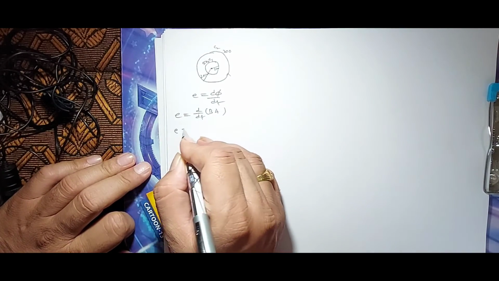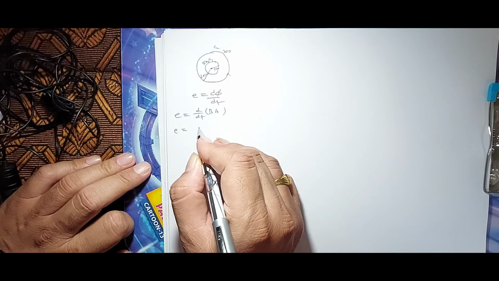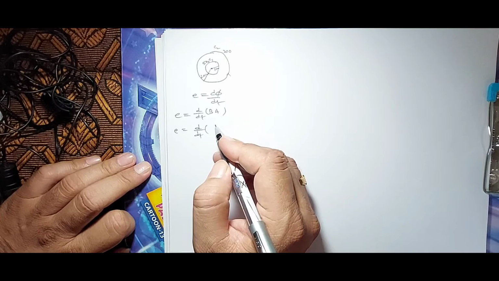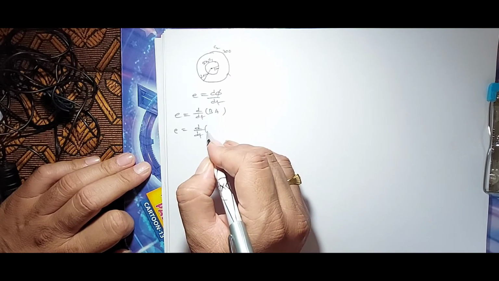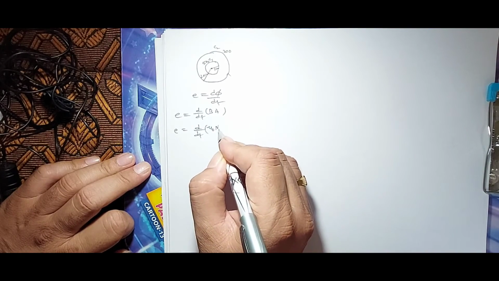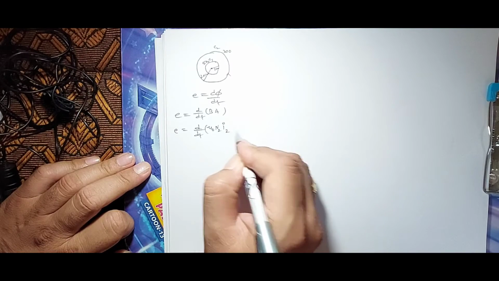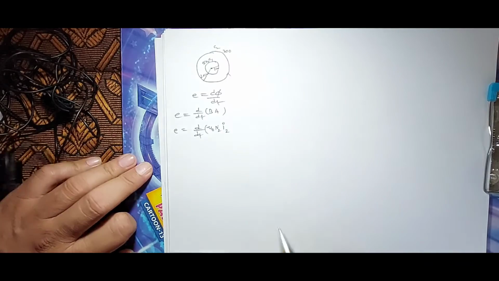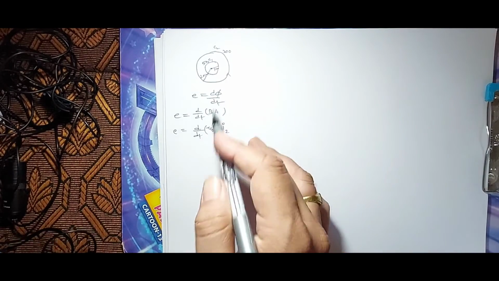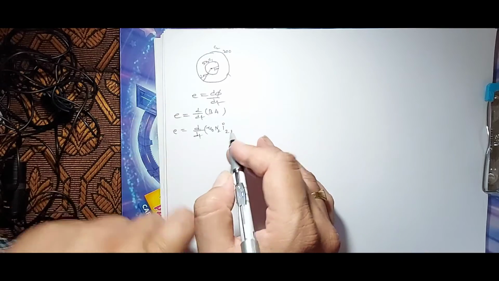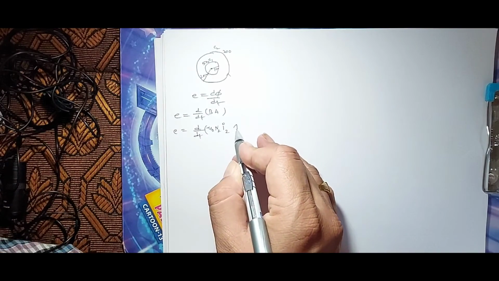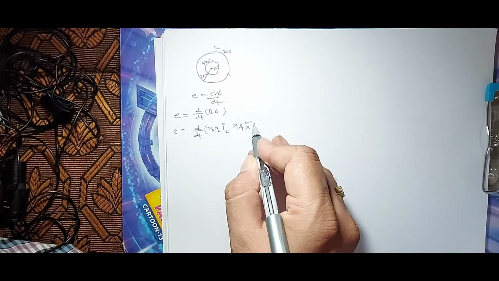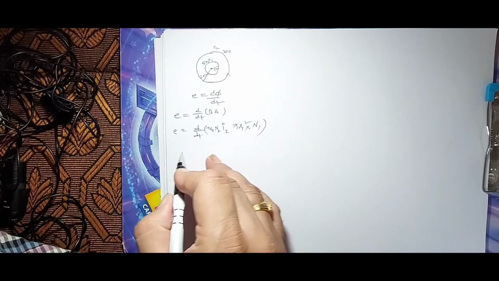So now E is equal to d/dt of B, the magnetic field produced by the outer coil, μ₀N₂I₂, times A. The flux passes through the area of the inner coil, πR₁², which has N₁ turns.